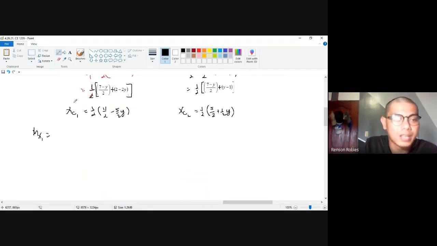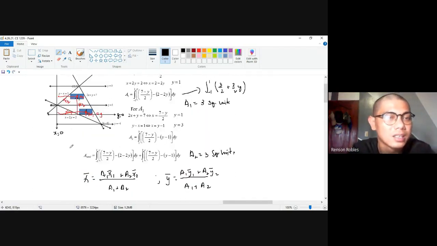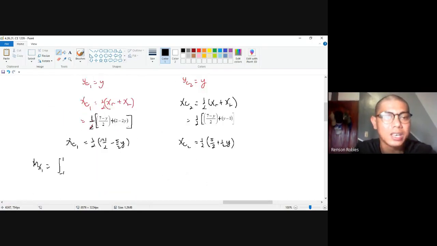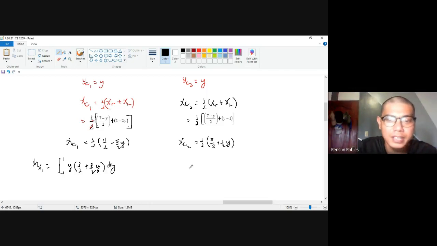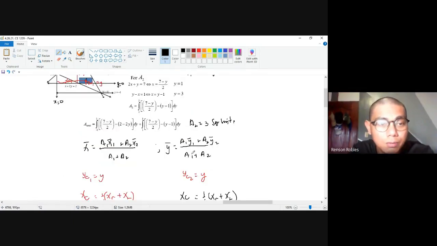So, you have integral from negative 1 to 1 mx1. Anong gagamitin? mx, yc. Ano ang ating yc? It's y. y times 3/2 plus 3/2 y dy. Then mx2. Integral from 1 to 3.